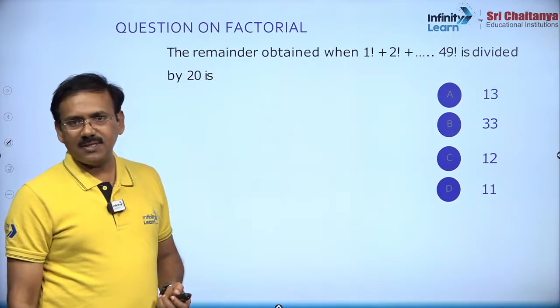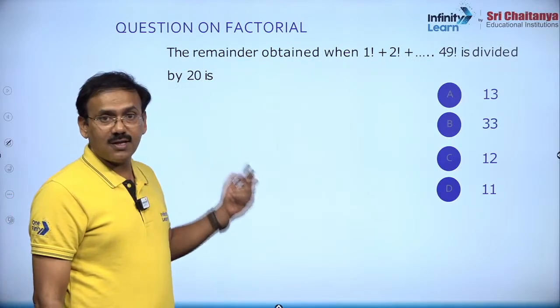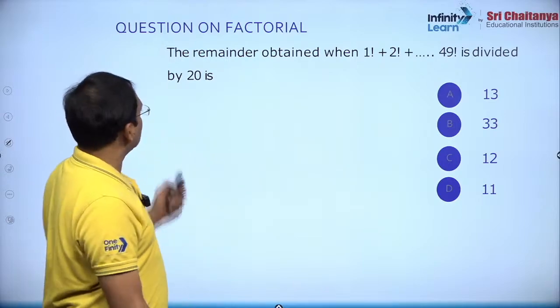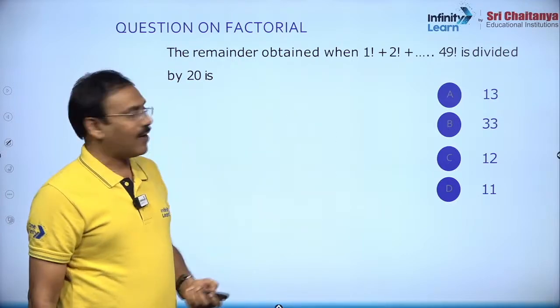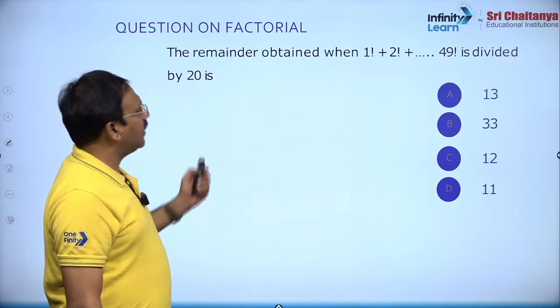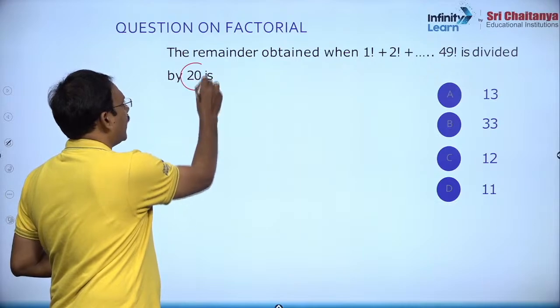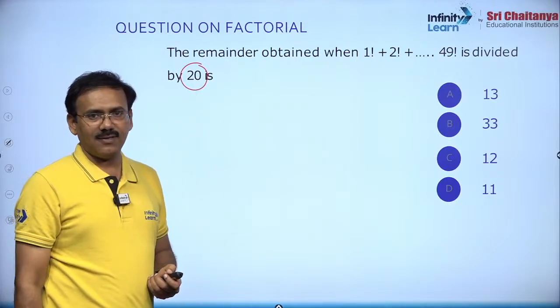Before that, sometimes in certain exams we are getting questions on factorial also. The remainder obtained when the sum 1 factorial to 49 factorial is divided by 20, my dear friends.